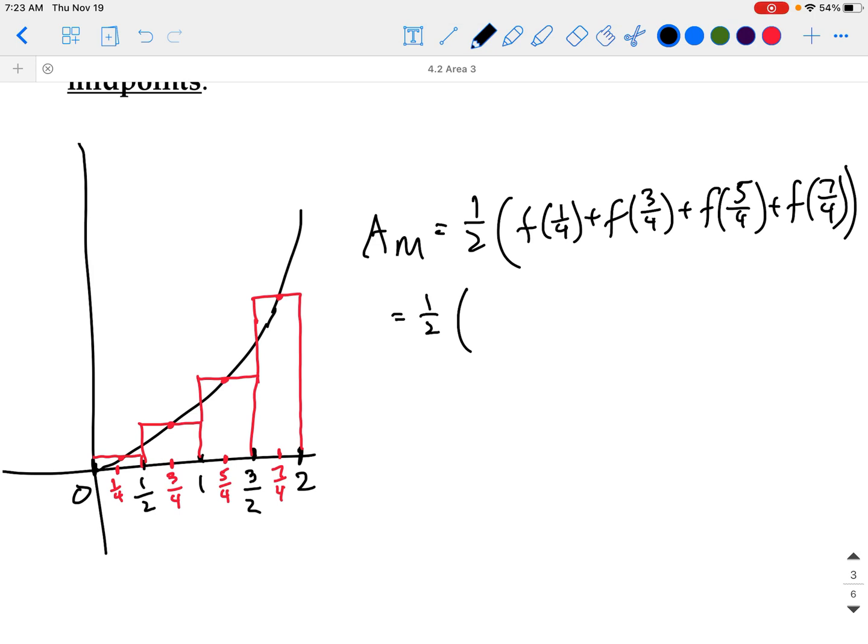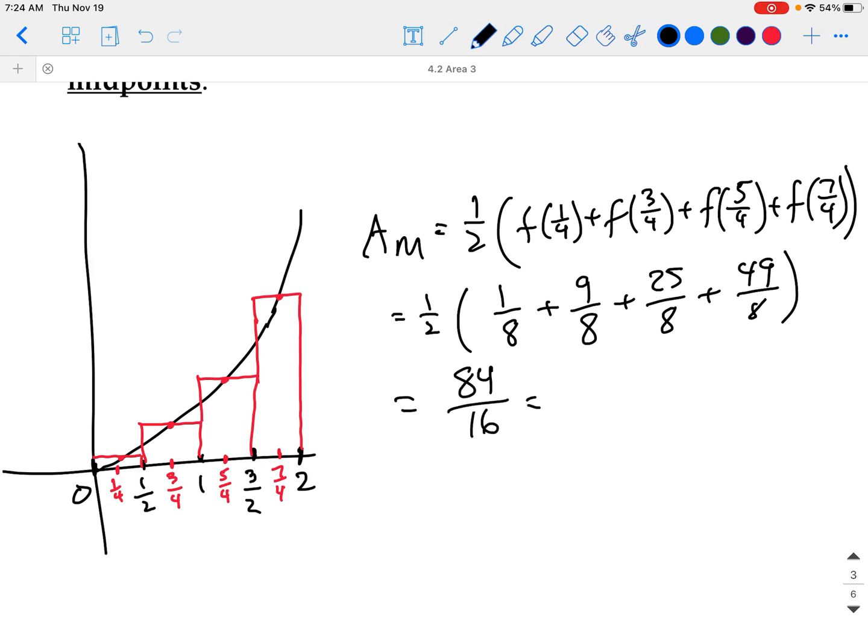So that's going to be 1/2 times: 2x squared gives 2/16, which is 1/8, plus 2 times 9/16, which is 9/8, plus 25/8 plus 49/8. All right, so we're going to get 84/8 inside, and with the 1/2 that's 84/16, which is 21/4, I believe. So it should be 21/4.